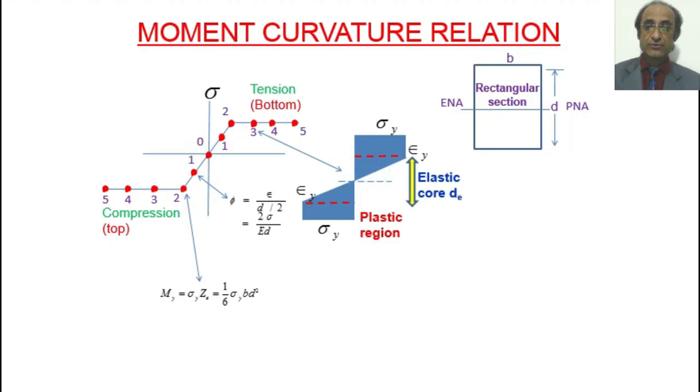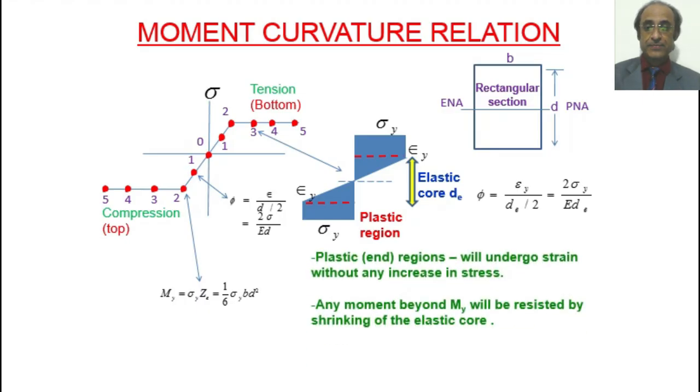So we have the elastic core DE, and this defines the curvature. So here for curvature we are making use of the depth of the core instead of the total depth as in the previous condition, that is at point number 1 and 2.